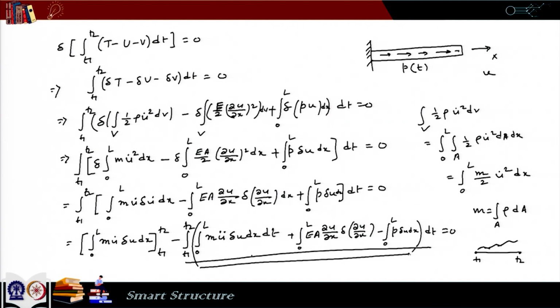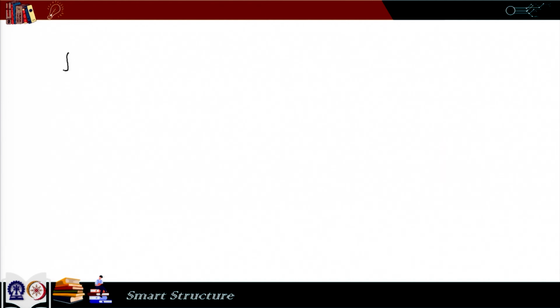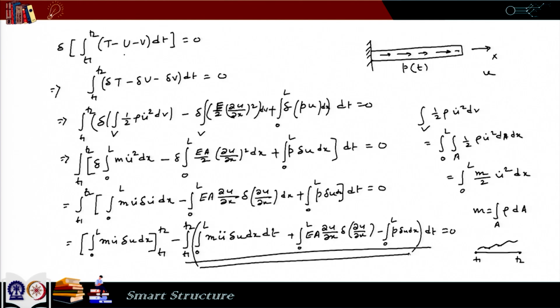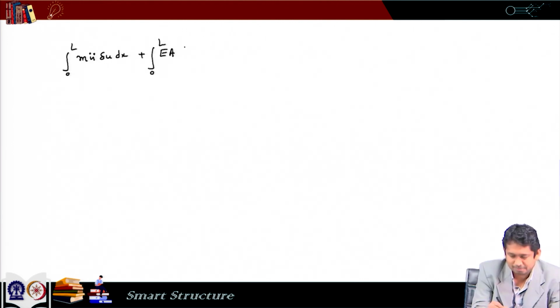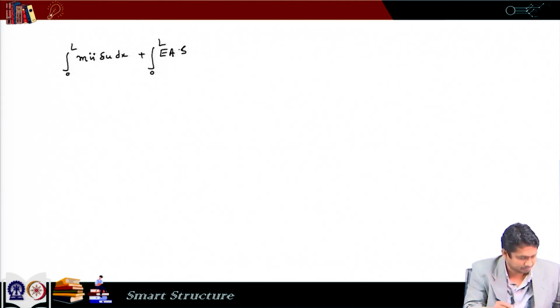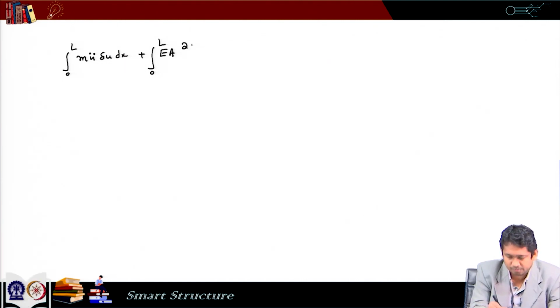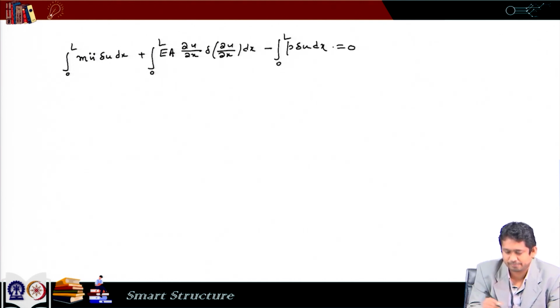Now we have got rid of the time, and we have established that 0 to L mu double dot del u plus 0 to L E A del u by del x multiplied by the variation of del u by del x minus 0 to L P del u dx equal to 0.